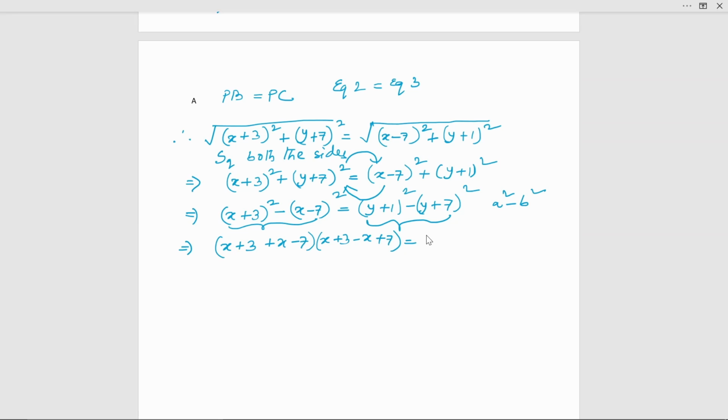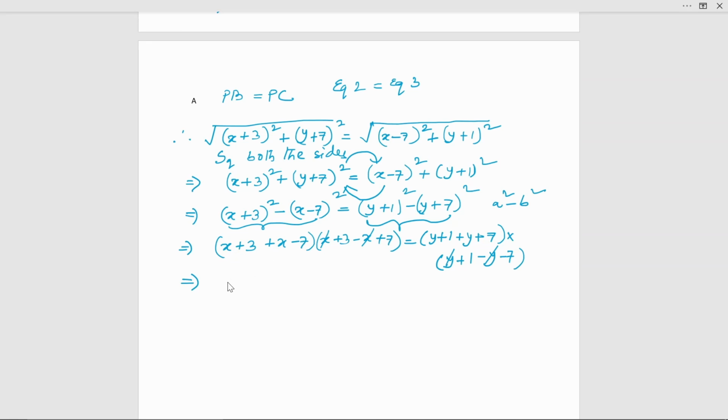And on the right hand side, we have (y + 1 + y + 7)(y + 1 − y − 7). So minus y cancels, minus x cancels.